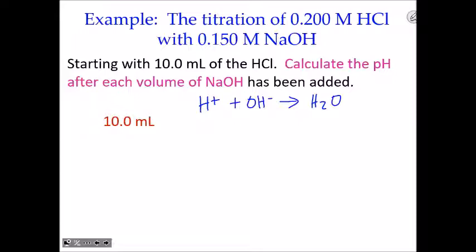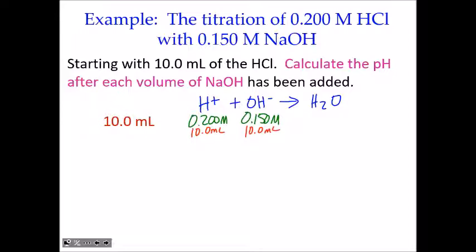No, they're not reacting, they're neutral salt, they're spectators, they're not doing anything. So I'm going to leave them out. We have 0.2 molar of this, 0.15 molar of the hydroxide, and how much did we add?